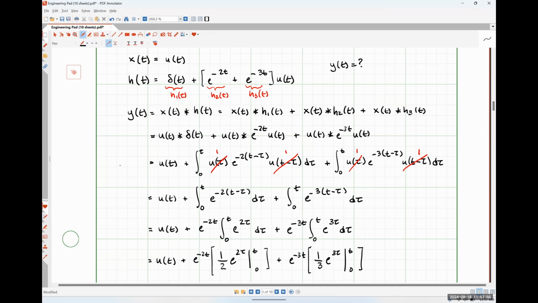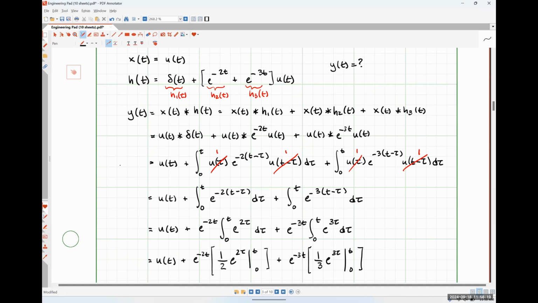So this bit still would have canceled, this bit still would have canceled, and I just would have had the integral from 0 to t of e to the negative 2 tau, which would have given me a factor of e to the negative 2t minus 1/2, which is what this thing is already giving me anyway.